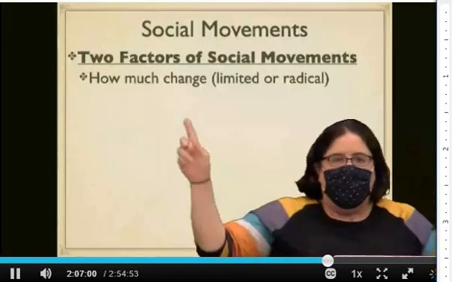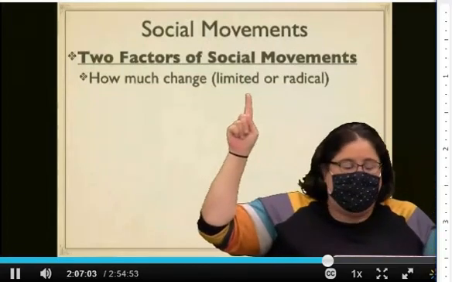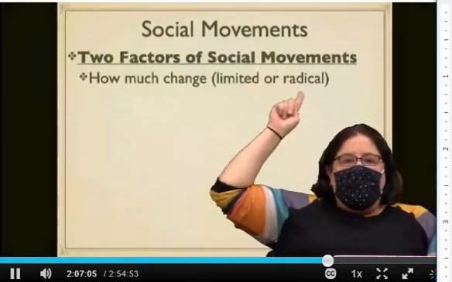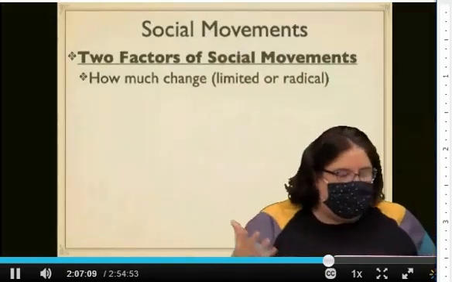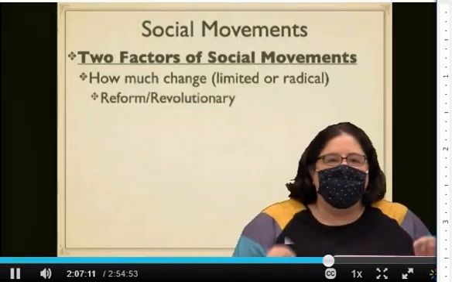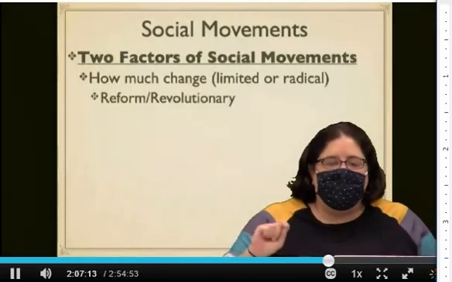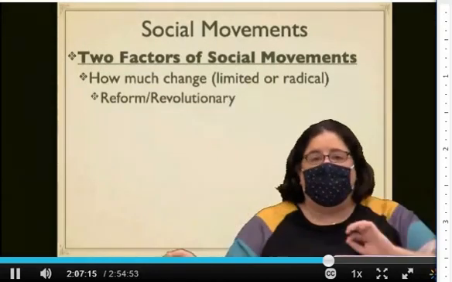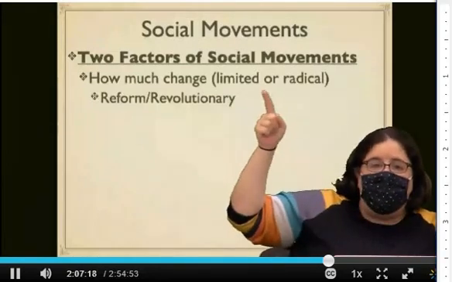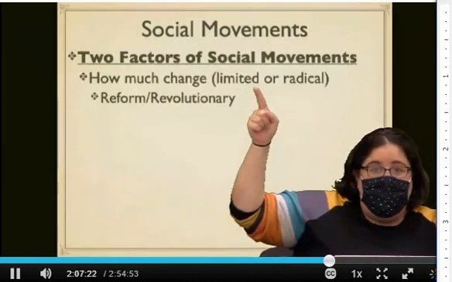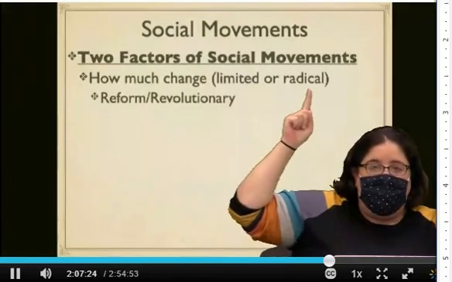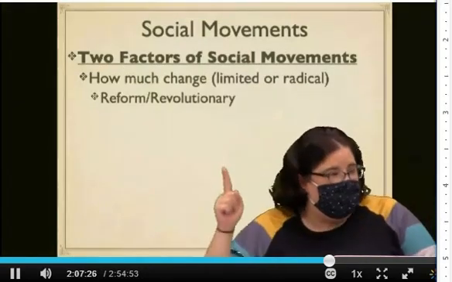It's about a pipeline, one thing they want to change or stop from changing. Whereas radical social movements want total transformation of something. The terms we use are reform or revolutionary. They're reform movements if they push for limited change, and revolutionary movements if they're pushing for radical change, a lot of change.